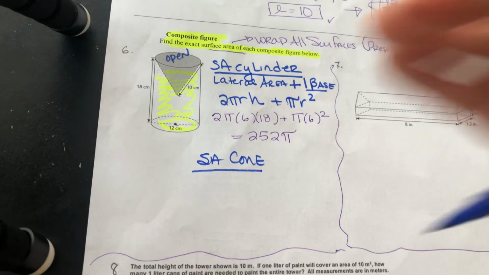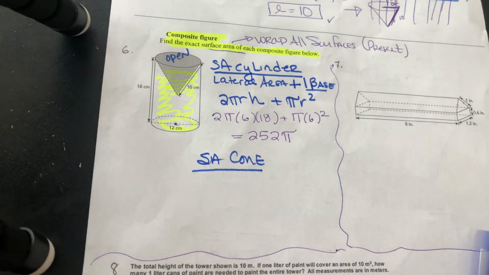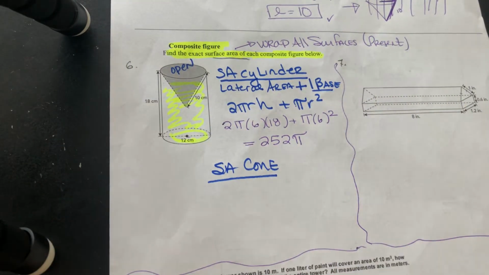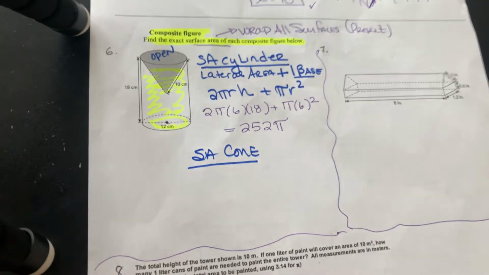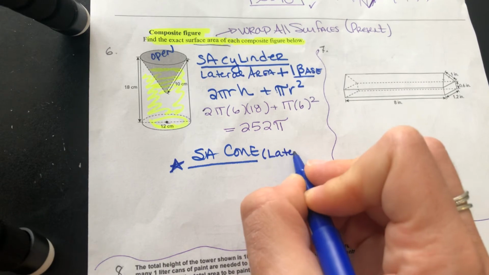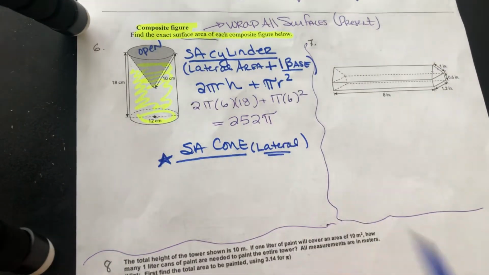So when you're covering, think like you're covering inside. You can't really see my hands, but you're going inside the cone. So you're just covering this area of the cone. So we're just covering inside the cone, which is only the lateral area. So we only want your lateral of the cone because we have an opening at the top.